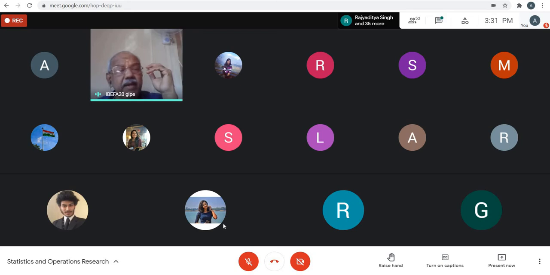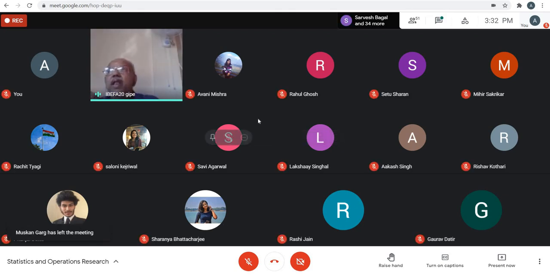Minus 3x1 minus 2x2 plus x3 less than or equal to minus 8. 4 constraints, similar to what we have done in our regular class. So what is dual? That is what I am explaining in blue.